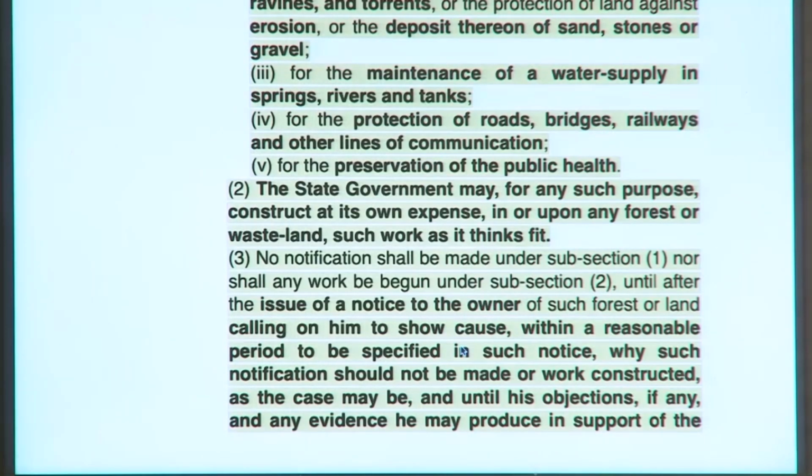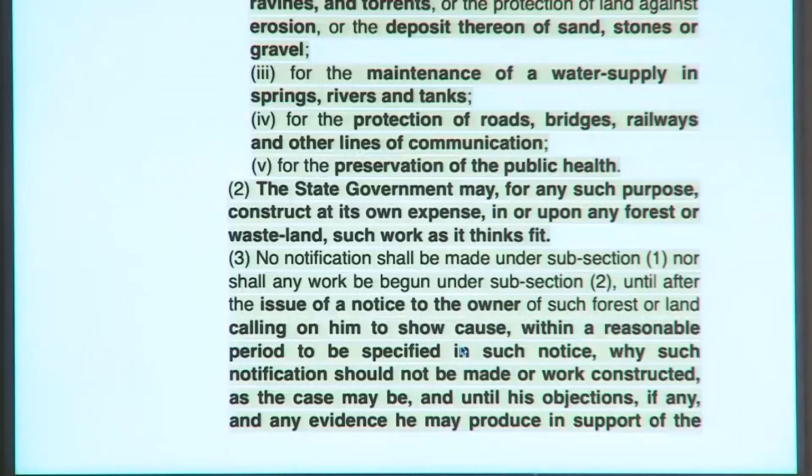Now, what we are saying here is that because the forests are having a number of ecological functions that are providing us a number of direct and indirect benefits, for these benefits the government may say that in any forest or in any wasteland these activities are prohibited for these particular reasons. So, this is now another power of the state government.